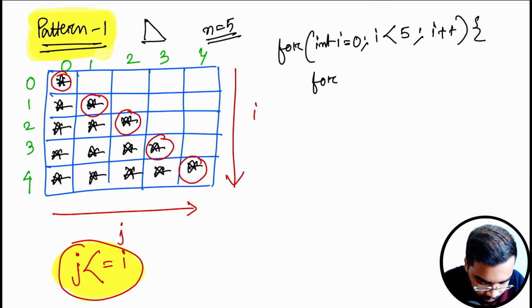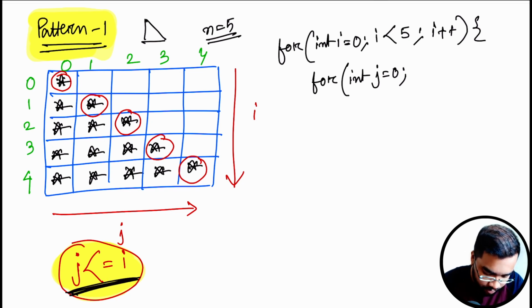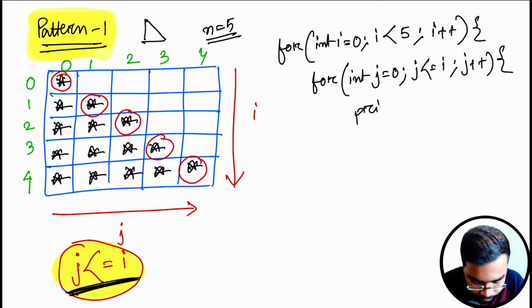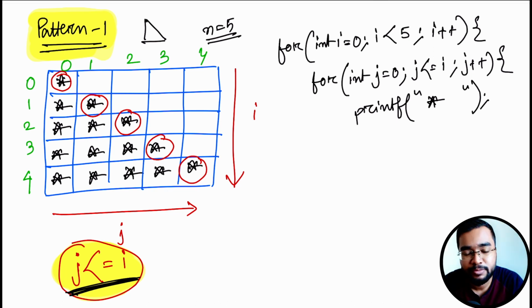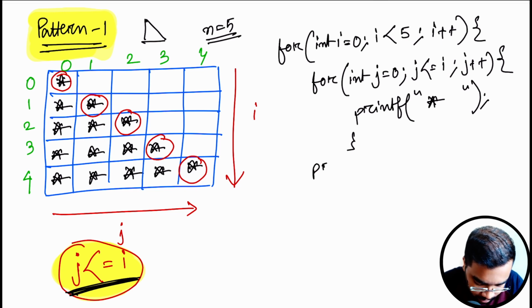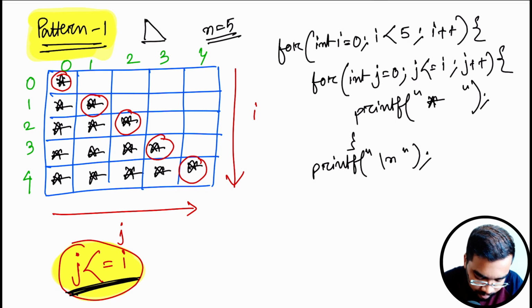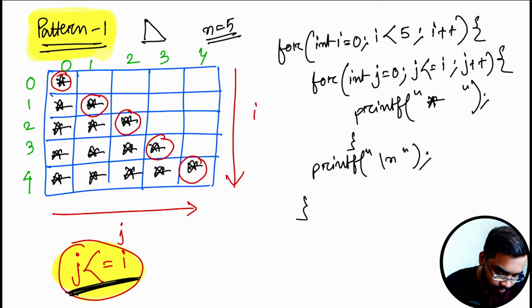And then for integer j equal to 0, now here j less than or equal to i, we have to use, and j plus plus. Now printf asterisk and a space, and if you do not want to give any space, it's up to you. I'm giving a space for my comfort. Okay, printf backslash n, and that's the code.